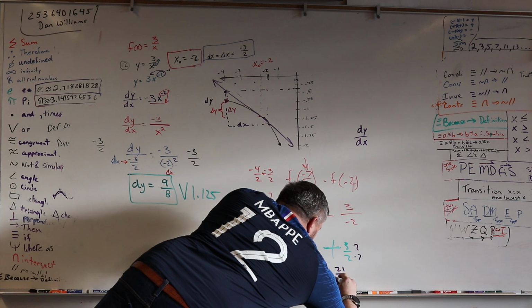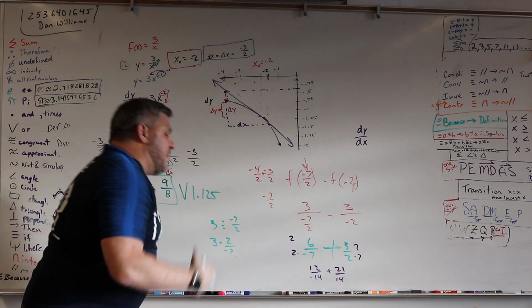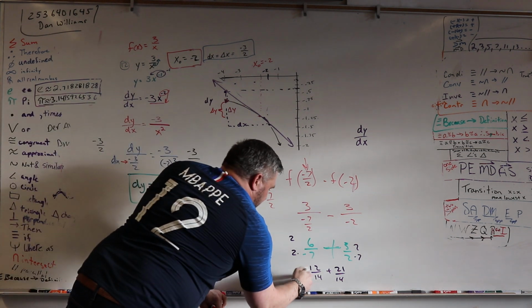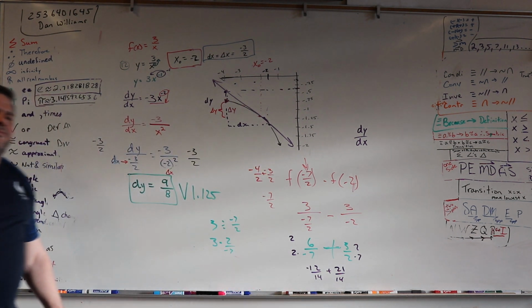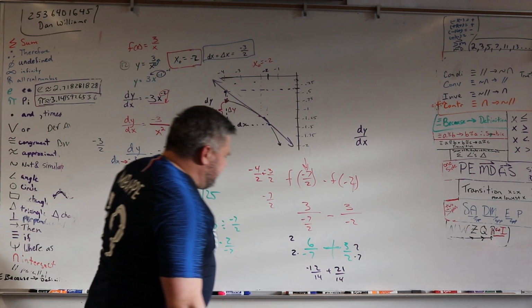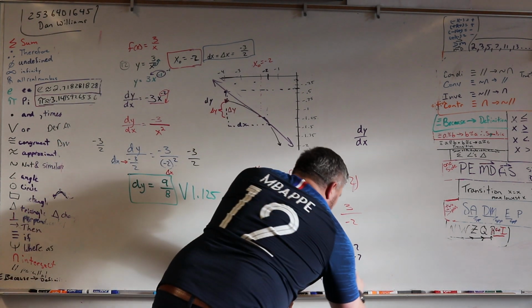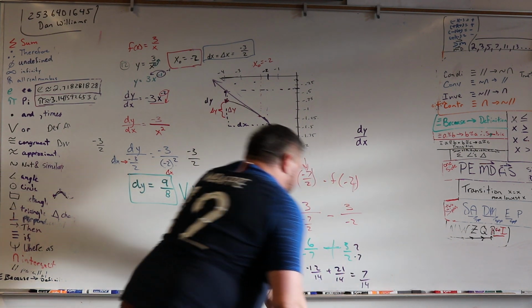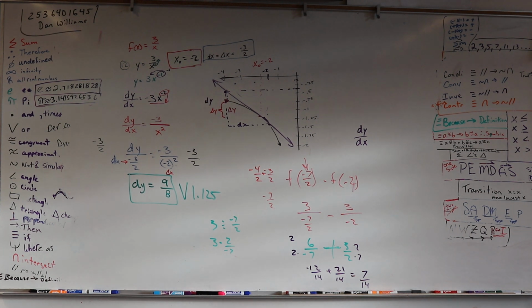Right? And when I add those together, the negative 12, because this negative 12 is up top, right? Negative 12 from 21 gives me what? So 6 and 1 is 7. It's still 7 over 14. Doesn't make sense. It should be 9 over 14.